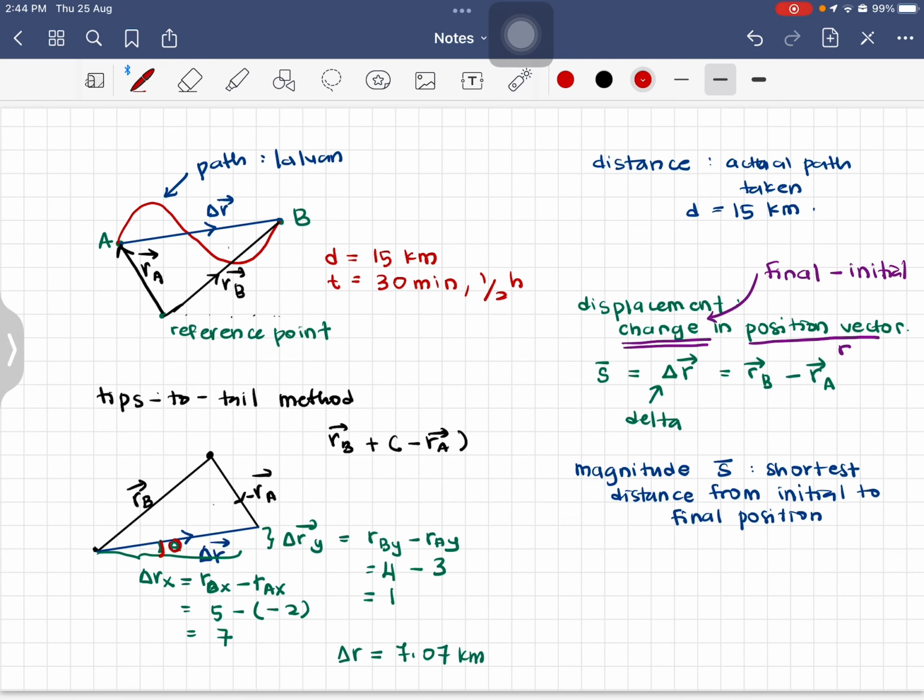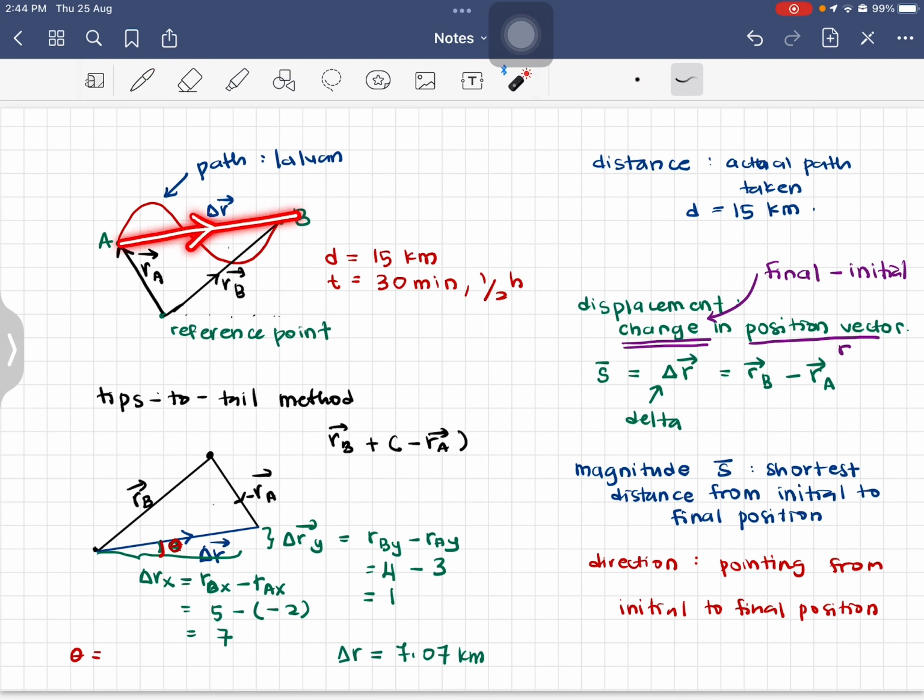Then the theta here, I use another color. Okay, the direction we get is that the displacement will point from initial to final position. So for delta R, from A to B, it will point from A to B. So this is our position vector.